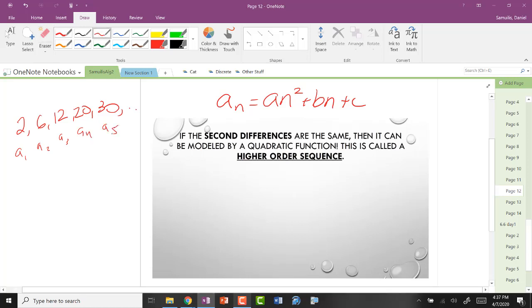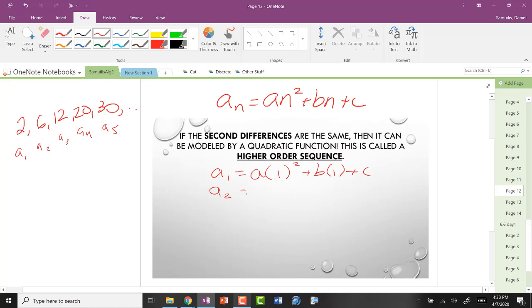I'm going to use those terms in relationship to this formula. So what does a sub 1 look like? That's replacing the n, so I would have a times 1 squared plus b times 1 plus c.